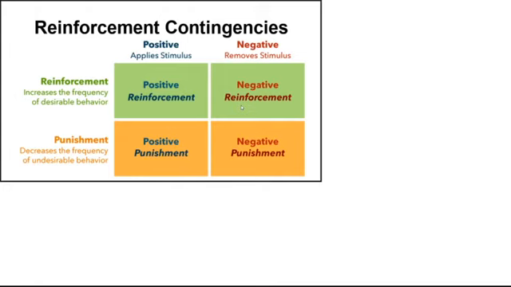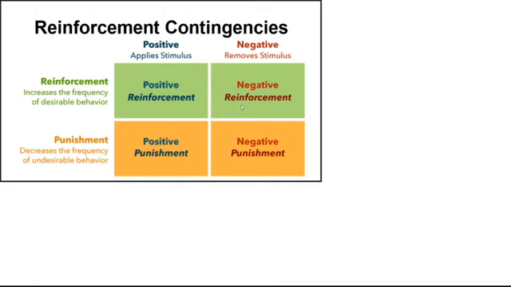If we have positive reinforcement, positive means that we are applying a stimulus, we are sort of adding an event, and reinforcement means that this event or stimulus will increase the frequency of a desirable behavior. So positive reinforcement is like pushing that lever and getting food. You are receiving food, we are applying a stimulus, and it makes you more likely to press that lever in the future. Not too bad.